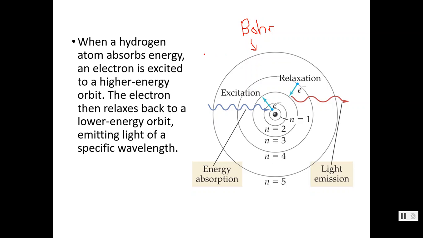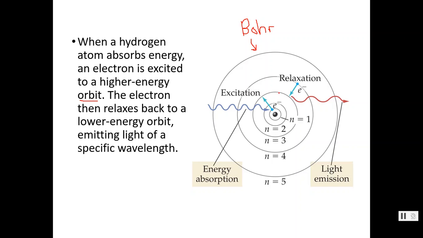In the Bohr model, electrons travel around the nucleus of the atom in specific paths called orbits. In this particular example, we're studying hydrogen, and a hydrogen atom just has one electron.